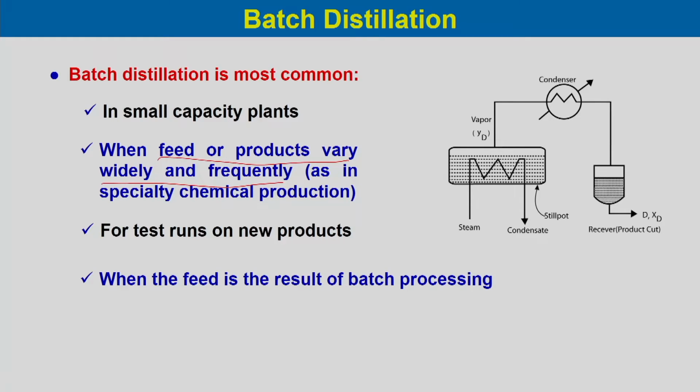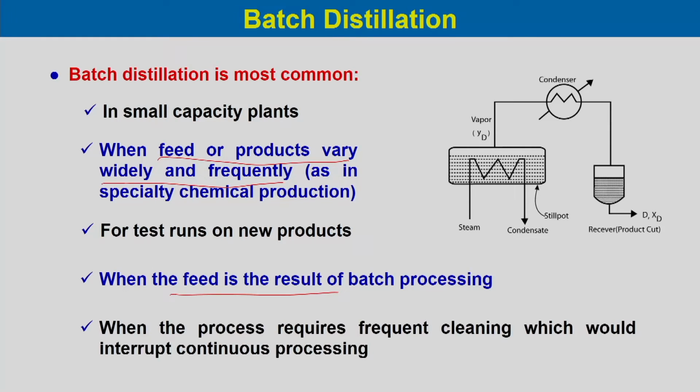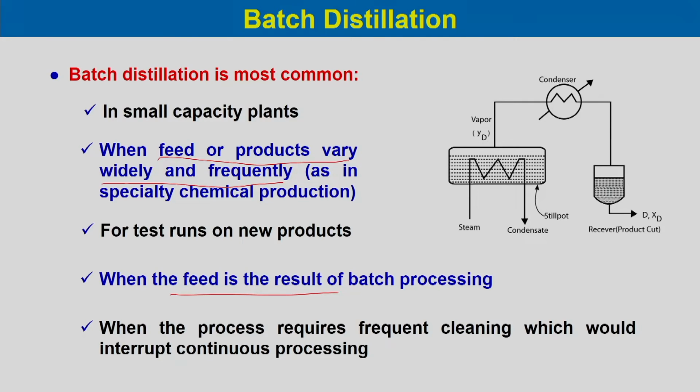And also when the feed is the result of batch processing, or when the process requires frequent cleaning, which would interrupt continuous processing. Because of the material you take for distillation, it creates a lot of scaling, which requires frequent cleaning of the apparatus.